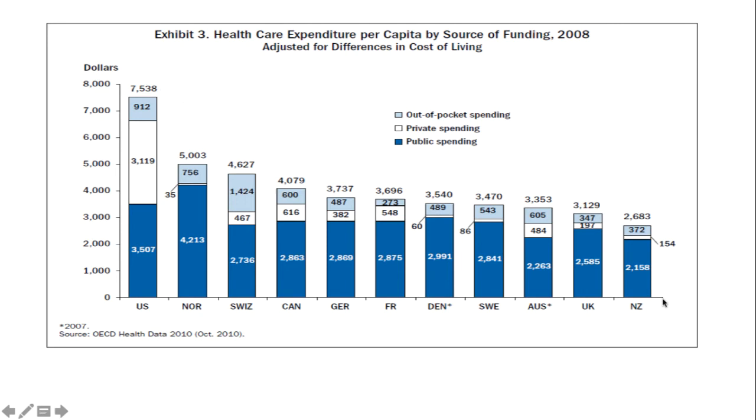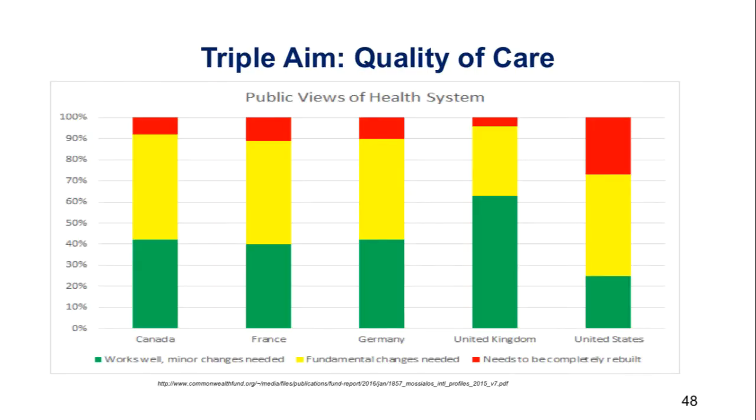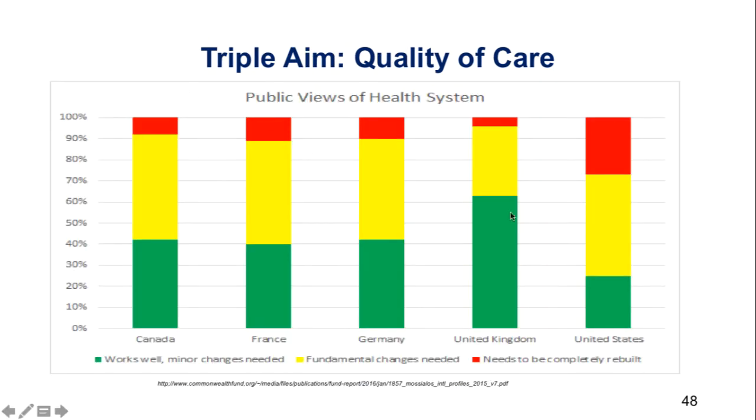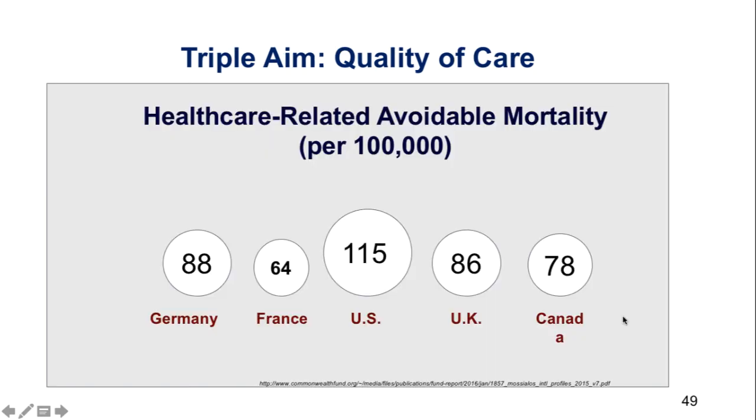In terms of quality of care, the United States has the lowest number of people satisfied with the healthcare system. While other countries spend less, their people are happier and more satisfied than people in the United States.